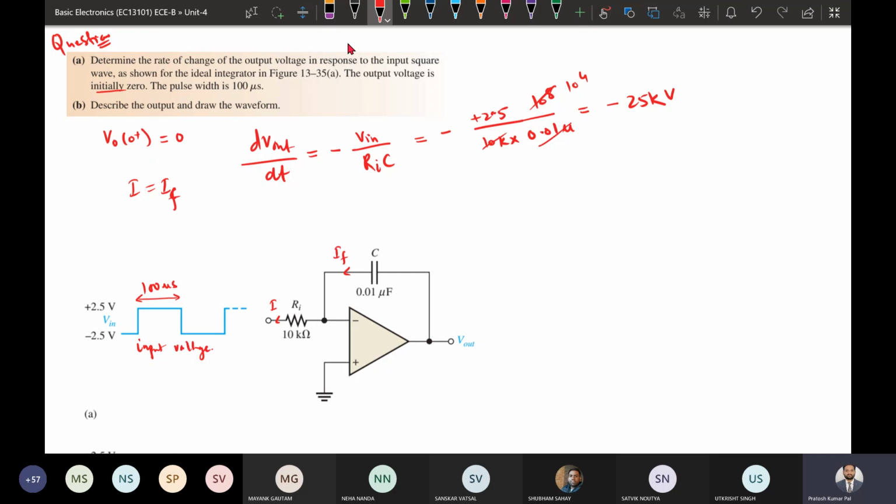Its unit will be volt per second, because it is dVout by dt. So 25 kilovolt per second is the output.